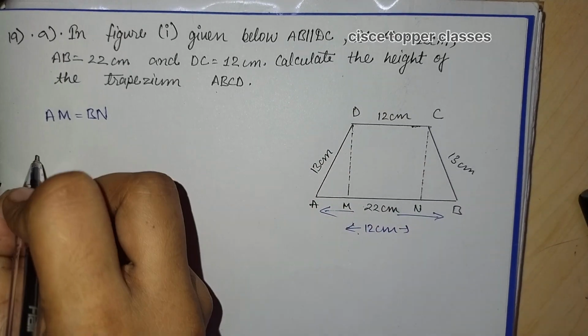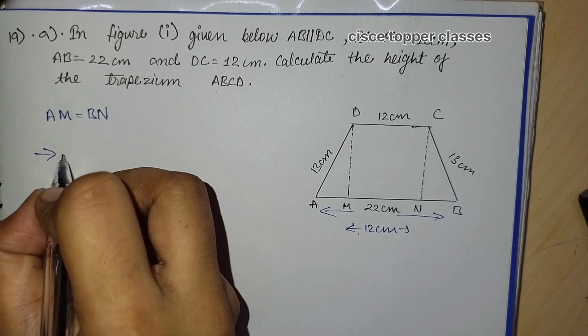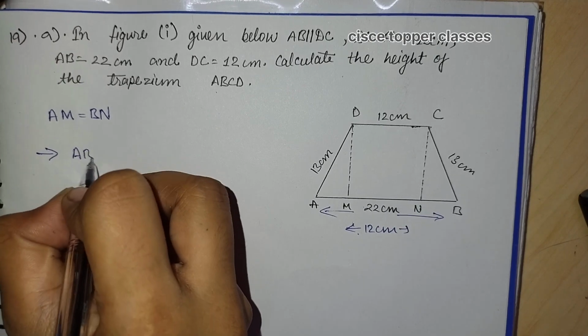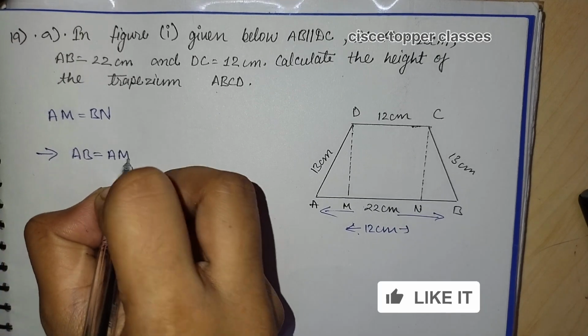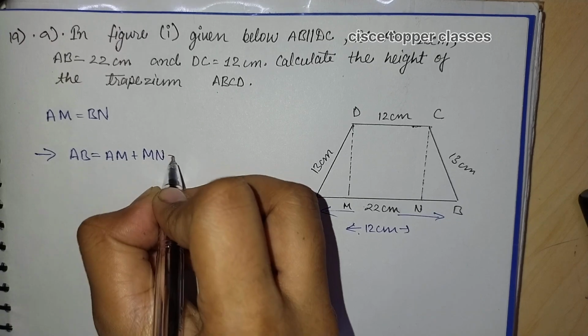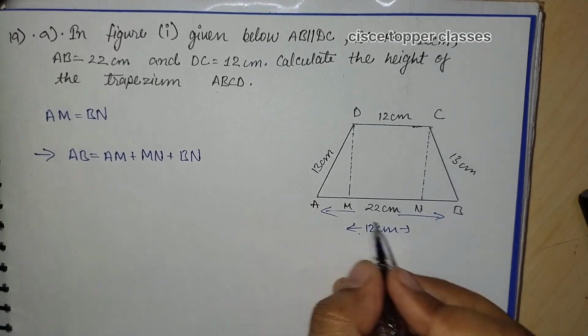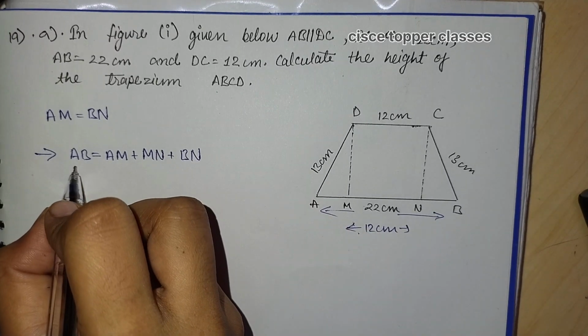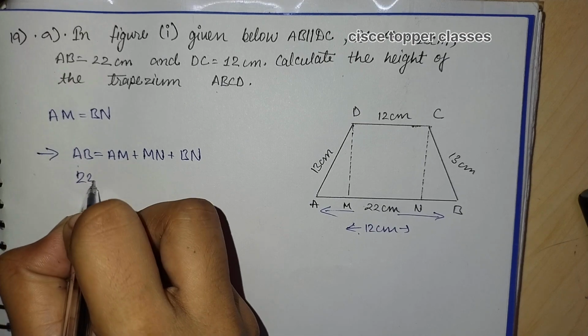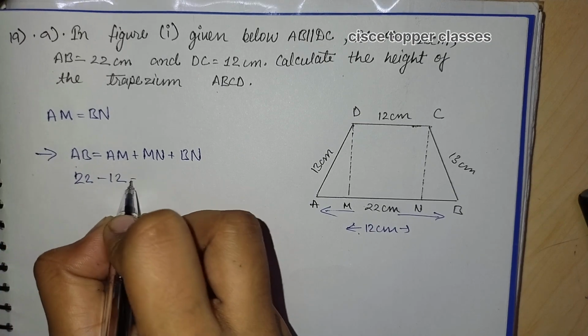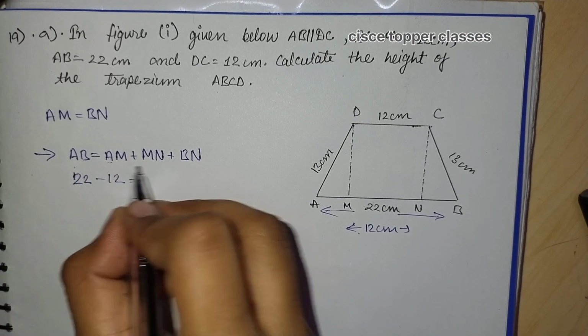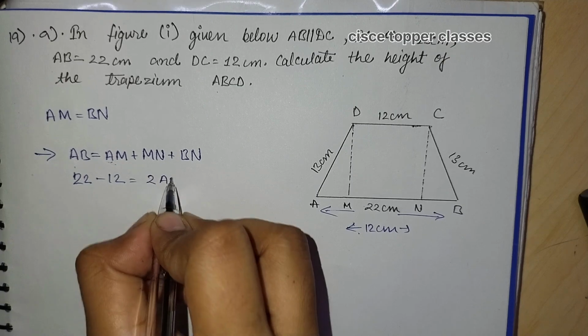So simply to find that, we can write AB is equal to AM plus MN plus BN. So simply we'll put the value of MN here. AB is equal to 22 centimeter. We will subtract 12 from here, and as AM is equal to BN, we can write it as 2AM.